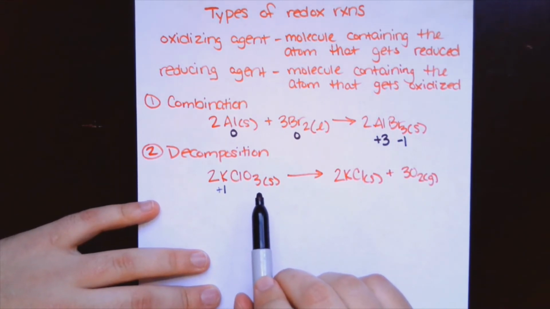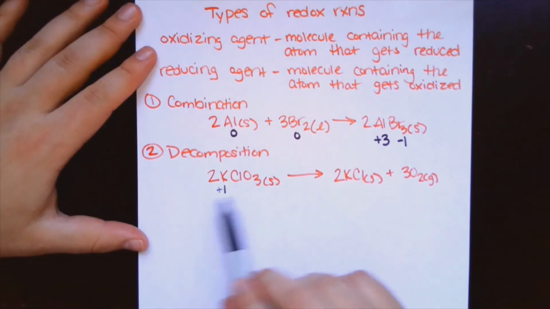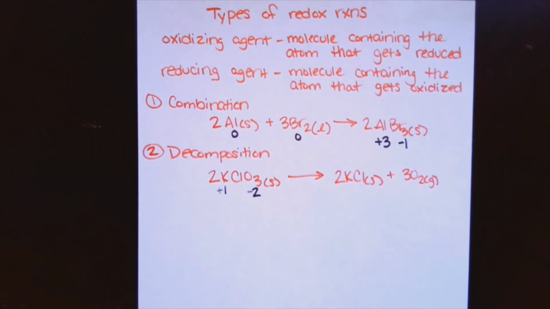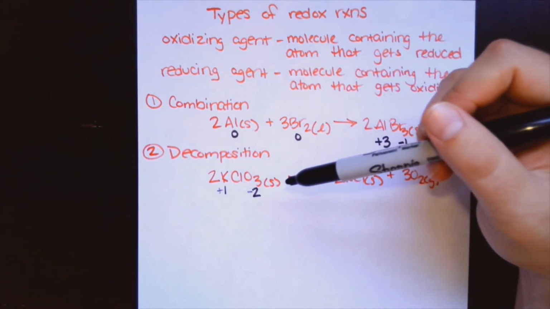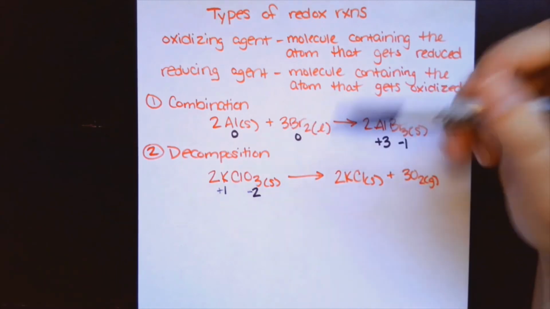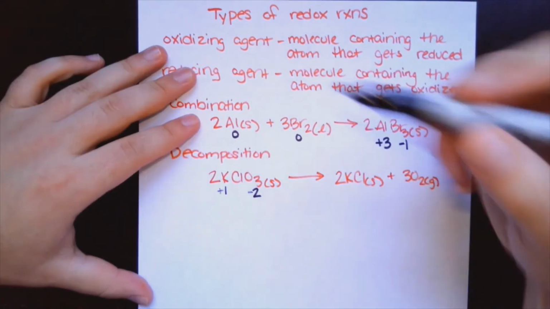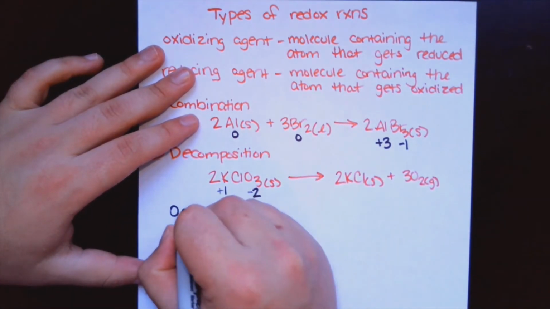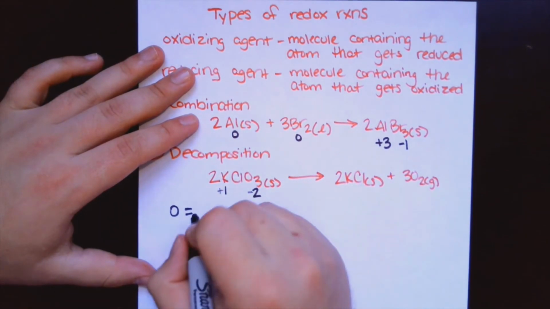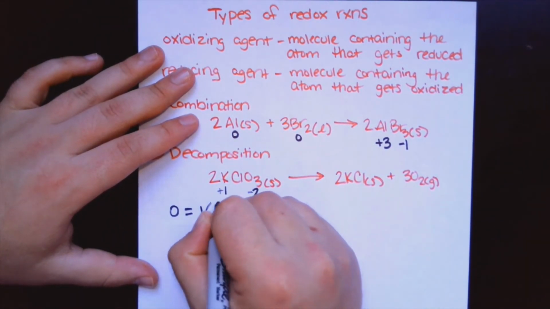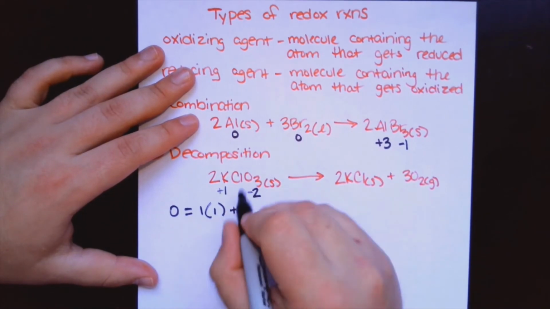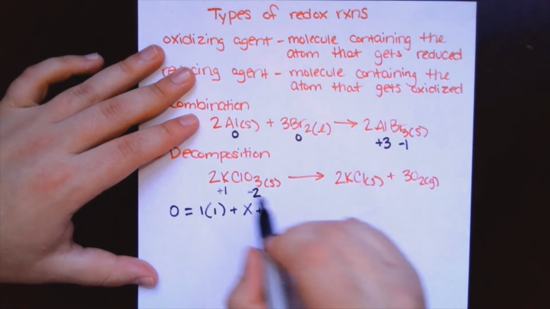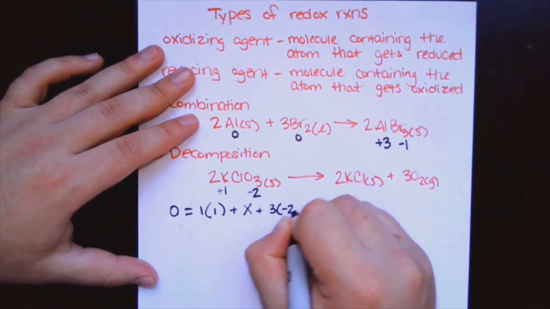Oxygen is always going to be -2, except for the 2 exceptions that I mentioned. This is not one of them, so oxygen is going to be -2. Alright, so now you can always set up a little mathematical equation, because a lot of times for things like this, you'll come to one atom that is a little trickier to figure out. So this is a neutral molecule, so the sum of the oxidation numbers has to equal 0. So you can say 0 equals, we have 1 potassium per molecule, and that has an oxidation number of +1, plus we have 1 chlorine, but we don't know its oxidation number, so I'm just going to put X there, plus we have 3 oxygens with an oxidation number of -2.